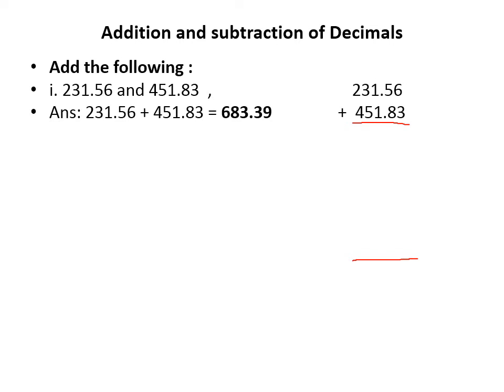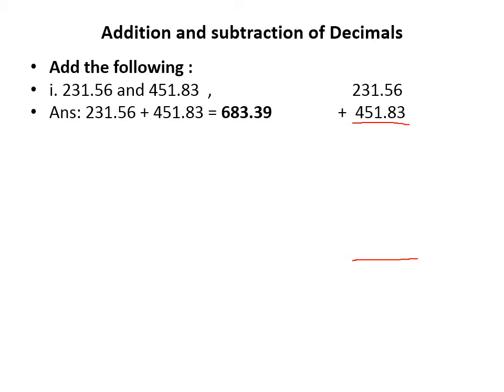Place the decimal points in one line, that is, the decimal point should come one below the other, and the remaining digits on the left and right of the number should be arranged according to their place values. On the left of the decimal point it is ones, tens, hundreds.